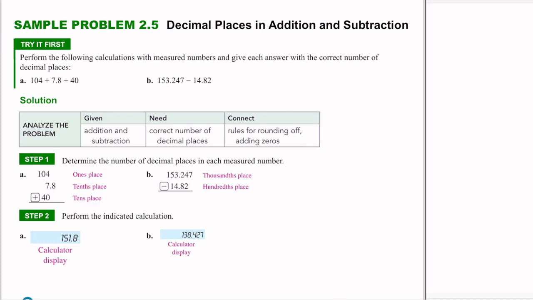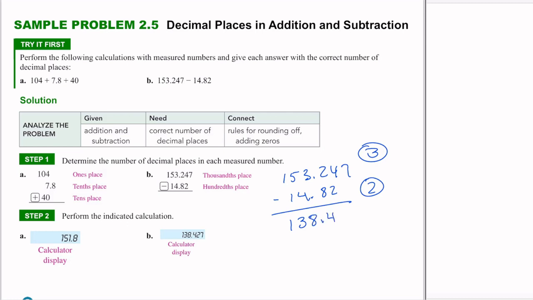Most of the time you'll be presented with a problem something like this: 153.247 minus 14.82. We have 3 decimal places in the top value and 2 decimal places in the bottom value. When we subtract, our calculator display is 138.427.